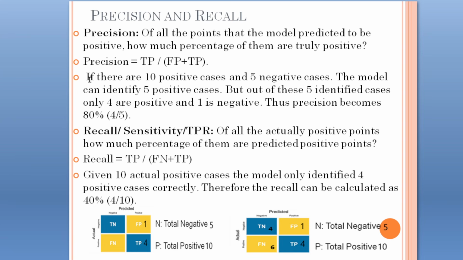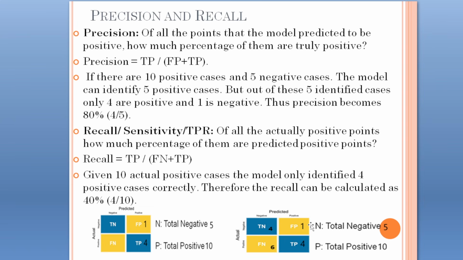For example, if there are 10 positive cases and 5 negative cases, so 10 positive means value of P is 10, 5 negative cases means value of N is 5. The model can identify 5 positive cases. The model makes predictions, so the total number of predictions as positive is 5. But out of these 5 identified cases, only 4 are positive and 1 is negative.